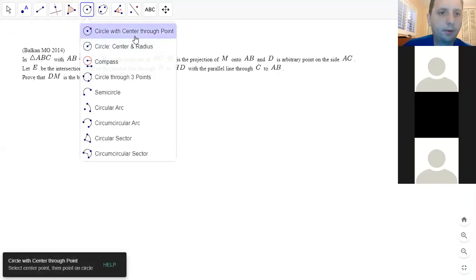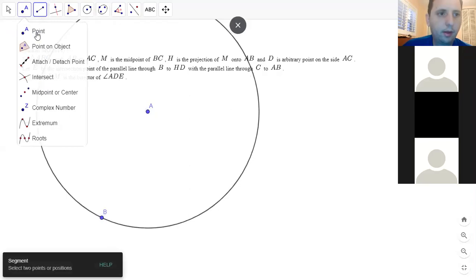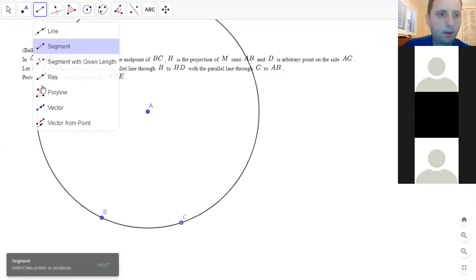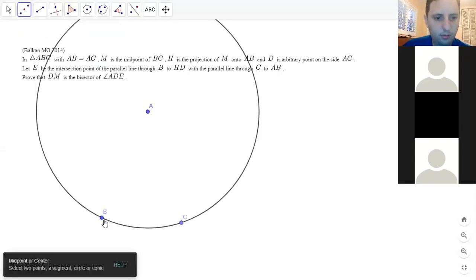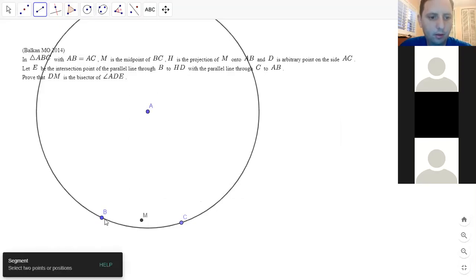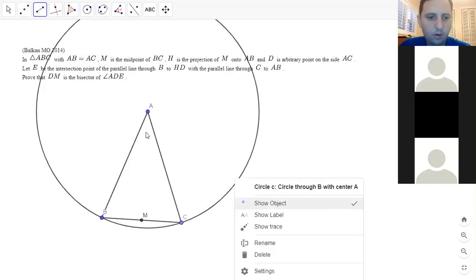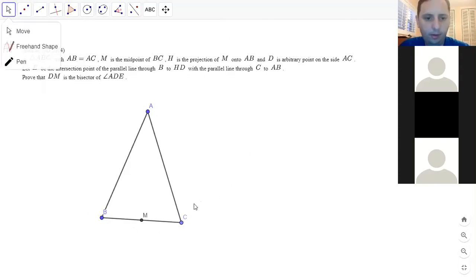So we have an isosceles triangle with AB equals AC, and M is the midpoint of BC. Then we take the perpendicular from M to AB. Obviously, AM is perpendicular to BC.